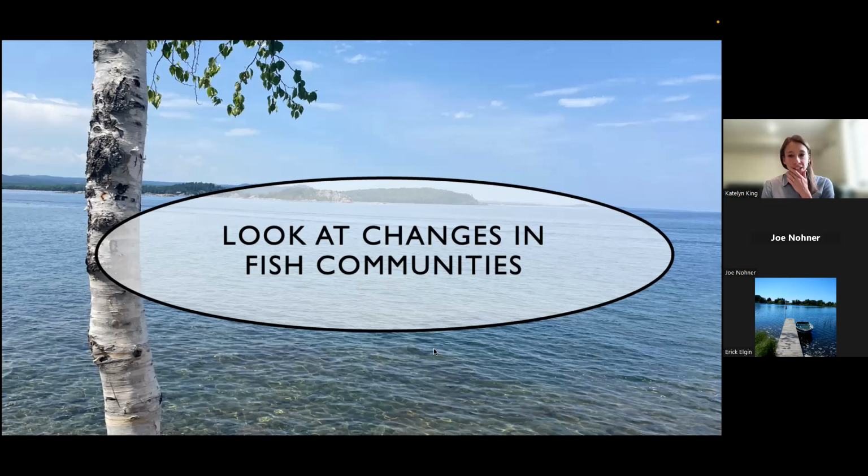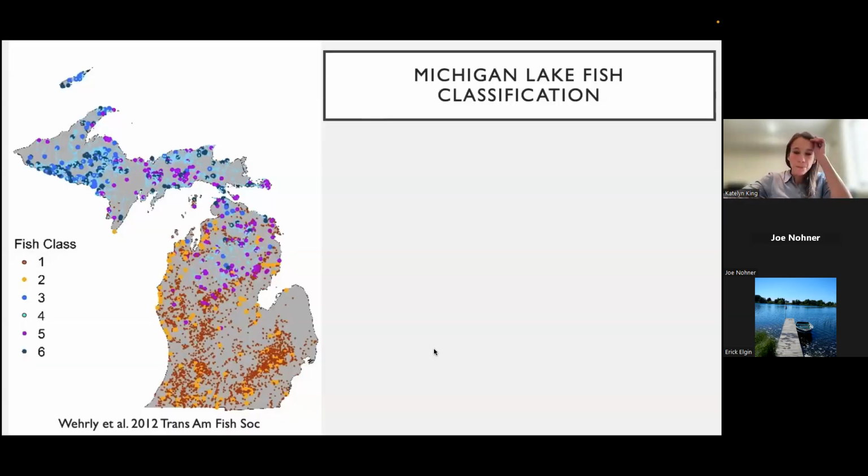So I looked at just one species, largemouth bass, that warm water adapted species. But what if we think about entire fish communities? So Kevin Wehrly and others published this paper in 2012, and they developed this lake classification of fish assemblages across Michigan.